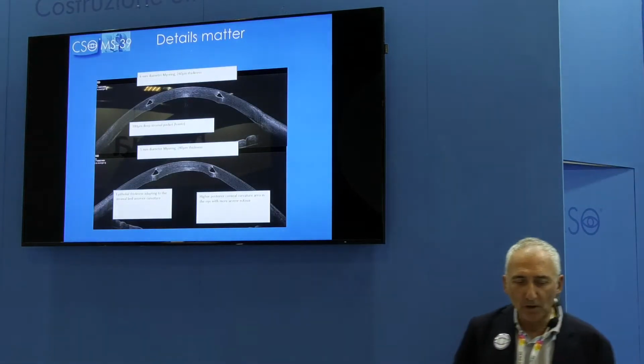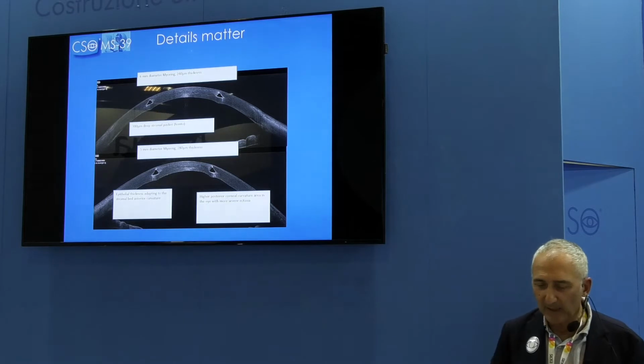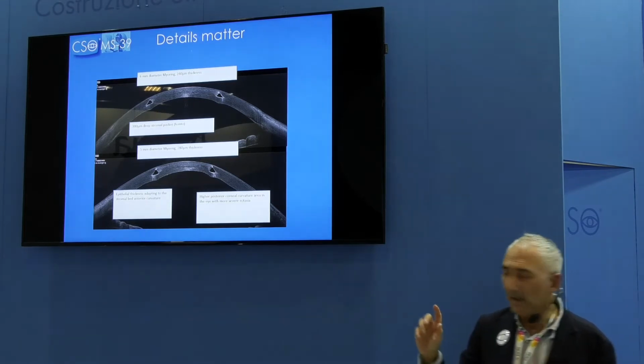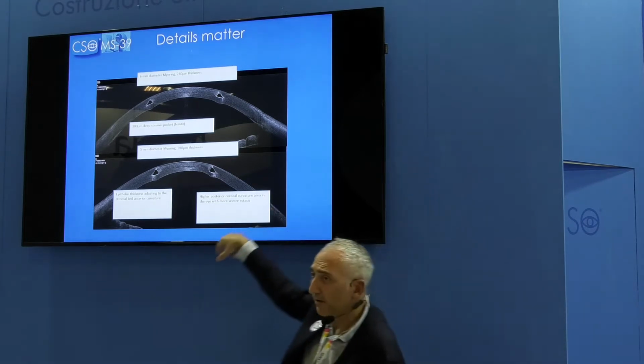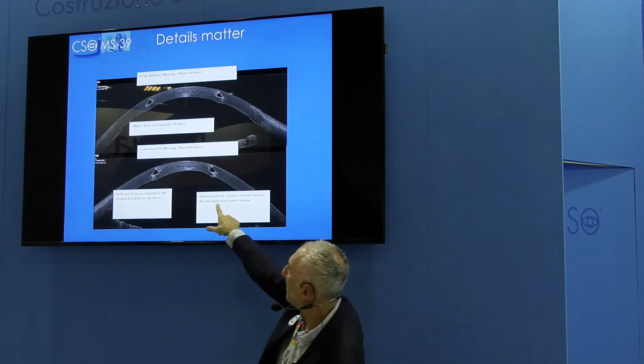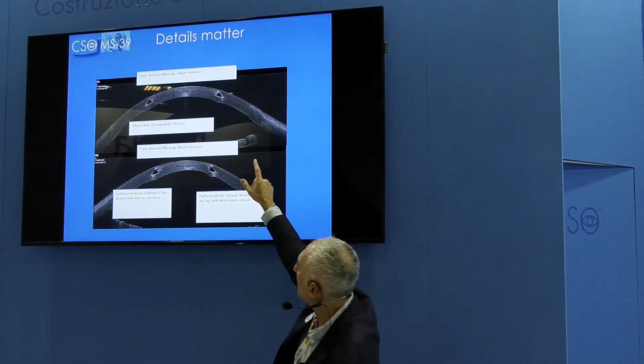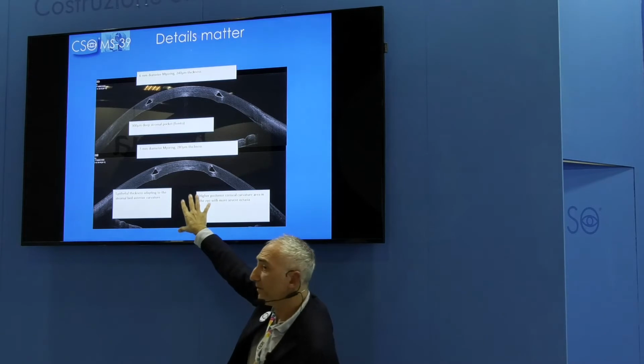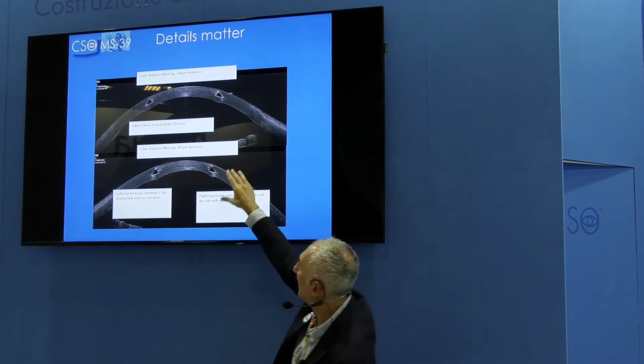A few more cases showing how these details are interesting to look at. This is mirroring the two eyes of the patient, a 6 millimeter mirroring on top, 5 millimeter diameter mirroring, and you see this is a more severe keratoconus than the one on top.